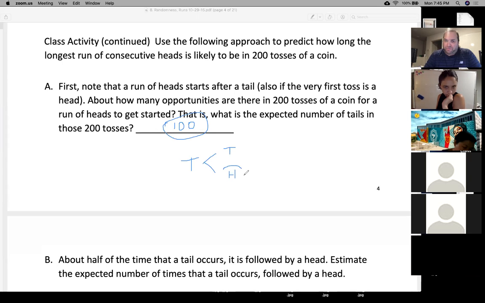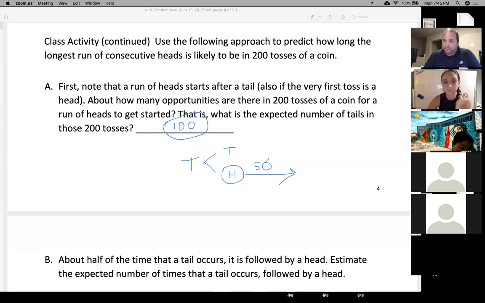Okay, which means I should have 50 chances for a streak of heads to start. Each one of those tails will either be followed by a tail or a head. So if I have 100 situations of a tail, I should have 50 situations where a streak of heads can start.